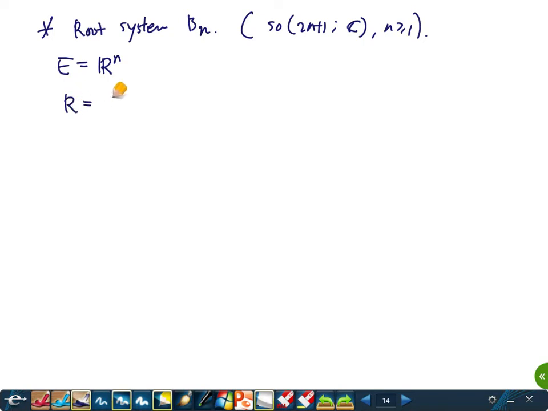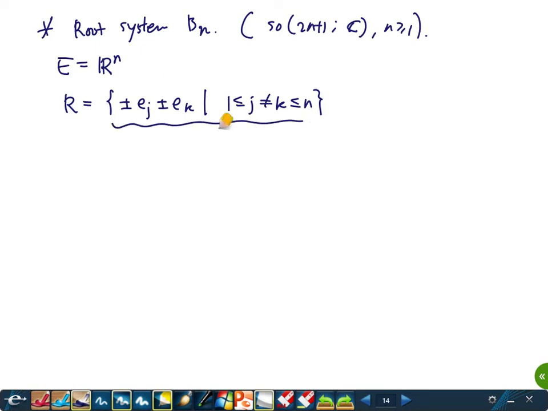R is plus or minus e_j plus or minus e_k, 1 ≤ j < k ≤ n. So this is basically D_n, but we add more vectors like this: e_j, 1 ≤ j ≤ n.